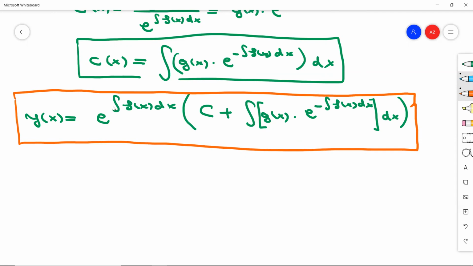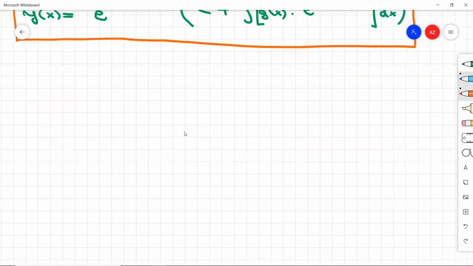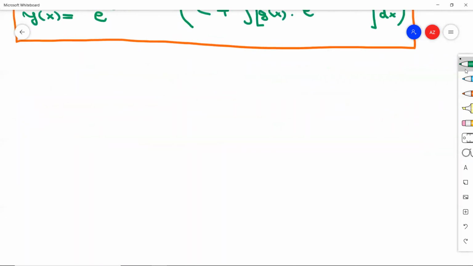Okay, to motivate another technique for solving linear differential equations, let's define a problem.